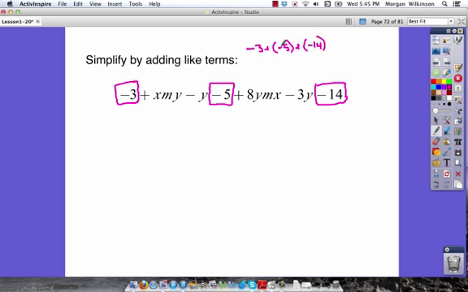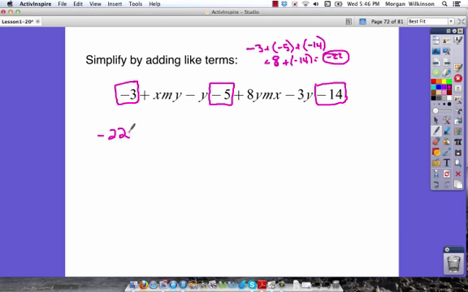We add them. Negative 3 plus negative 5 is negative 8. Plus negative 14 must be equal to negative 22. We can circle that. We've got negative 22 constant. So negative 22 is the first part of our answer.